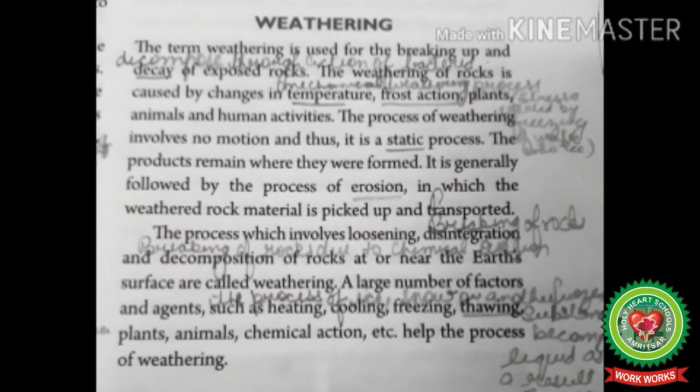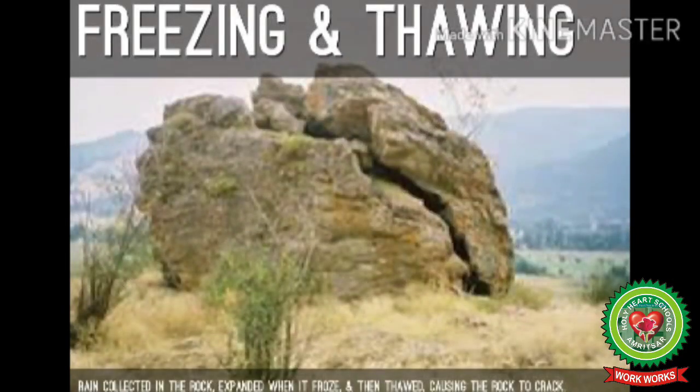The process which involves loosening, disintegration and decomposition. Disintegration means breaking of the rocks and decomposition means breaking of the rocks due to the chemical actions at or near the earth's surface are called weathering. A large number of factors and agents such as heating, cooling, freezing, thawing.